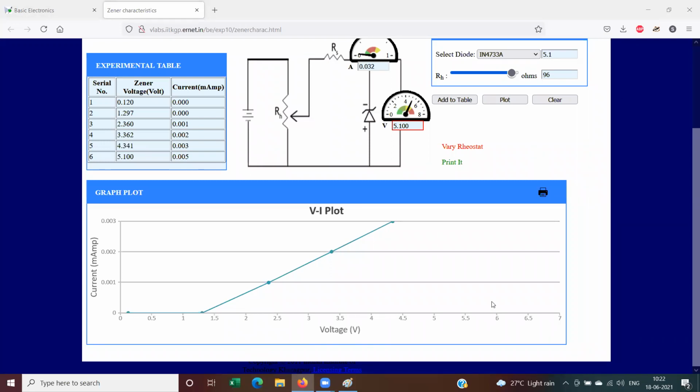All of you getting this plot? Those who are getting it can write in chat, and those of you who are having problems can also write in chat. Vary the resistance by 10 ohms, like 1, then 11, 21, this way.